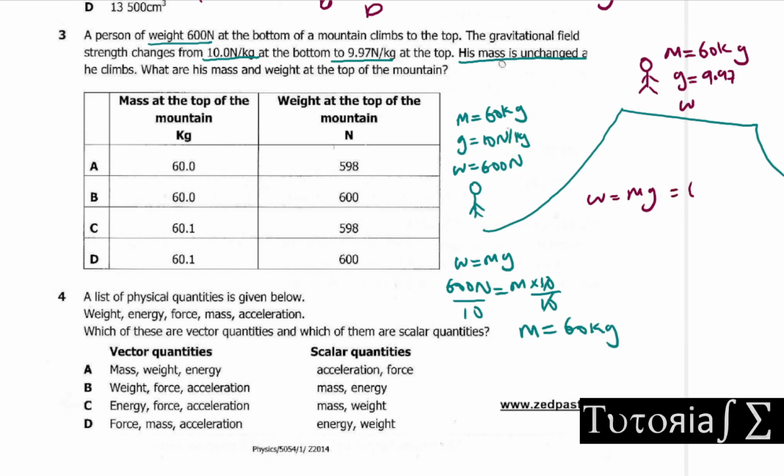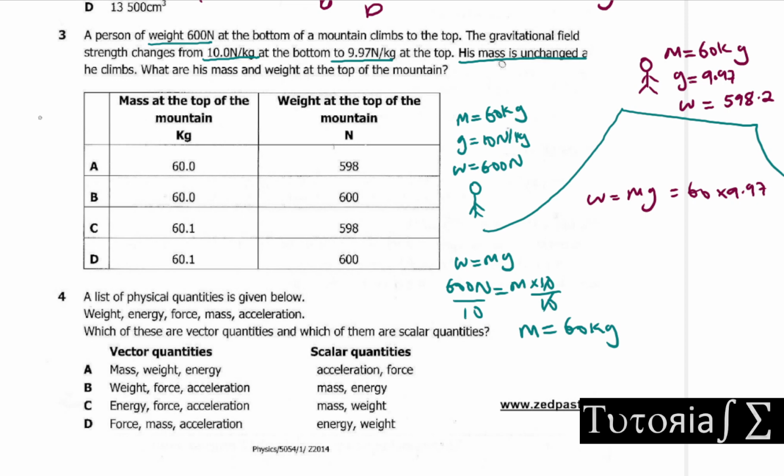Our mass is 60 kg, times our gravity, which is 9.97. Punching that on the calculator, 60 times 9.97 gives me a weight of 598.2.